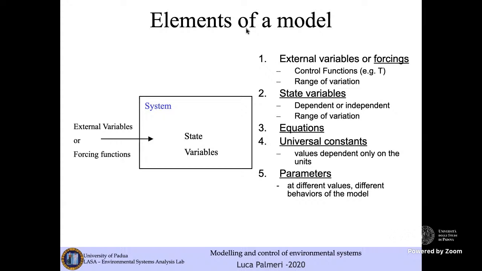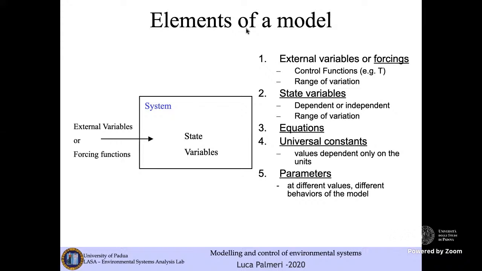We will discuss parameters further when we introduce the process of model calibration, and we will see that in order to calibrate a model, we will act on the parameters in order to make the behavior of the model as adherent as possible to the real observations, to our analysis of a real system. So, 5 elements: external variables, state variables, equations, universal constants, and parameters.